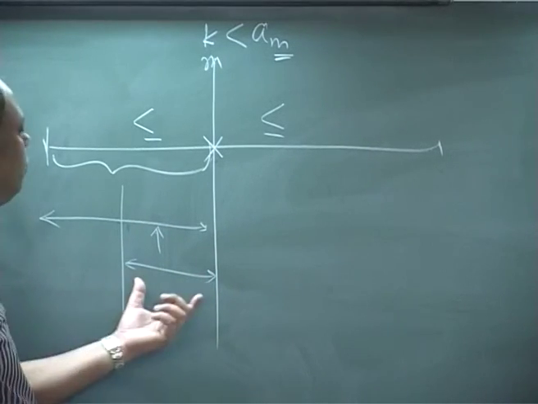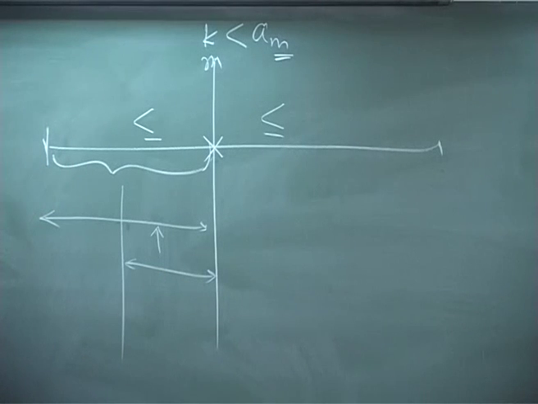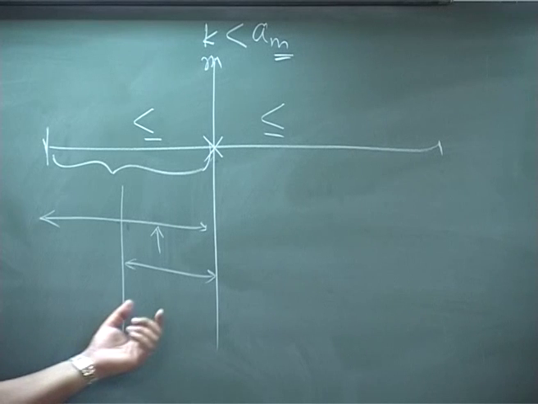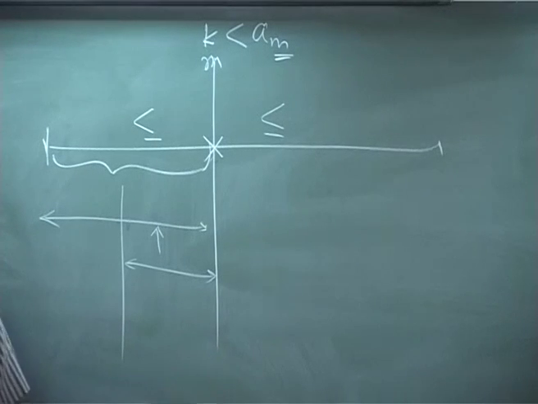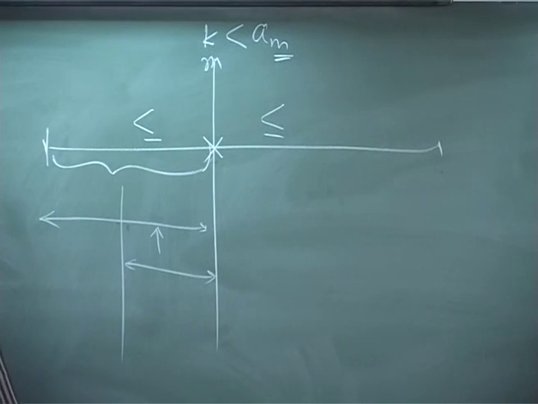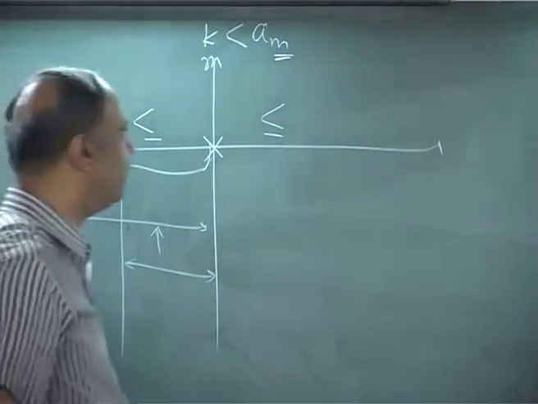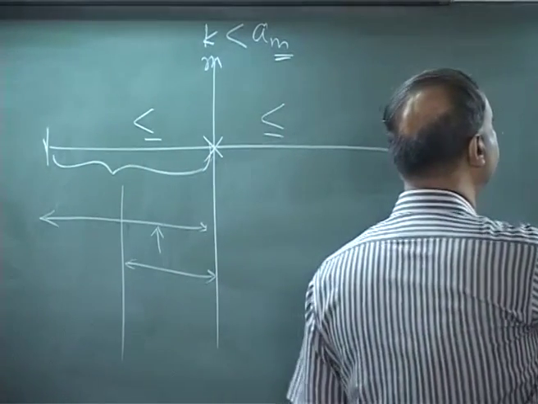So my searching zone will be reduced to this, and so on, till I find that there exists only one element, and you have compared and found either equal or not equal.